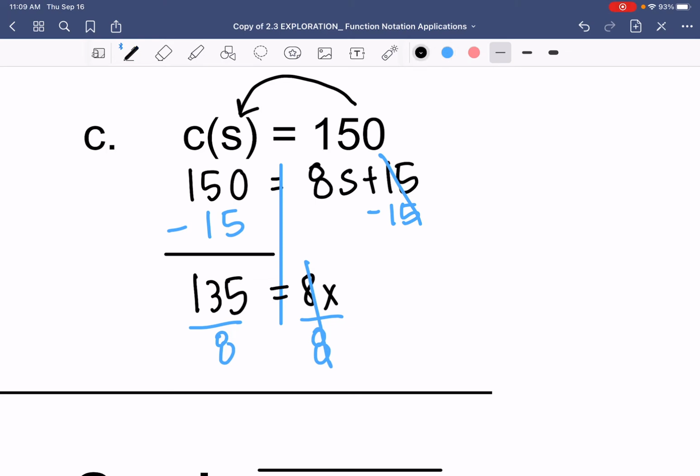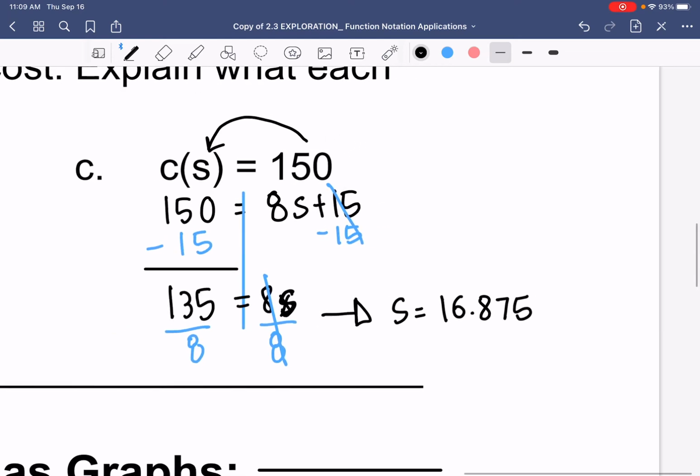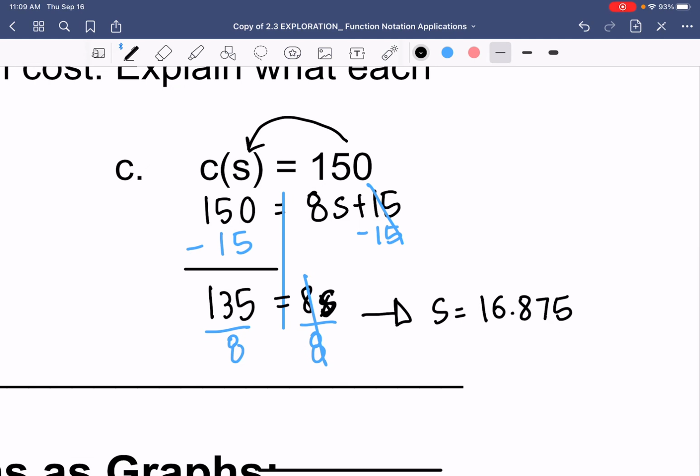When you put that in the calculator, you get that the amount of shirts I can get is like 16.875. The problem is you can't have 0.875 of a shirt. But I also cannot go over my budget of 150.